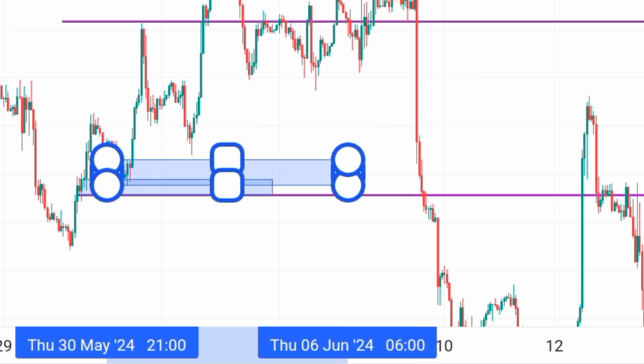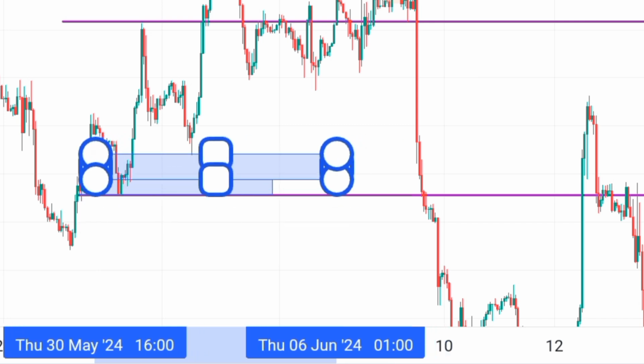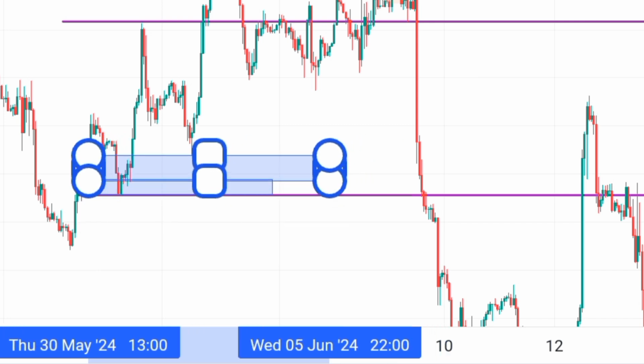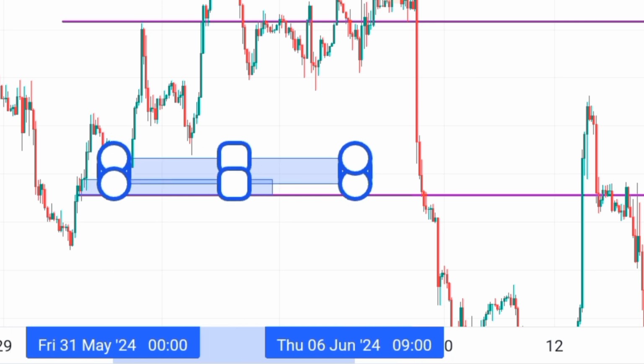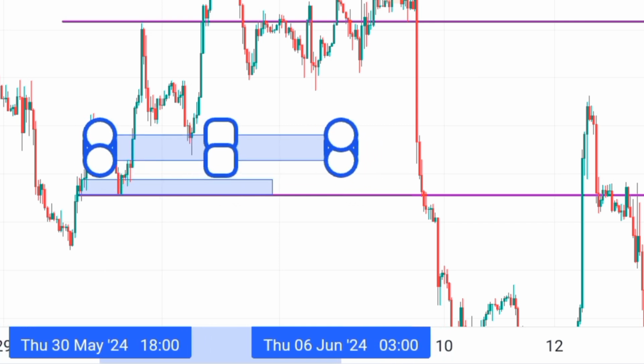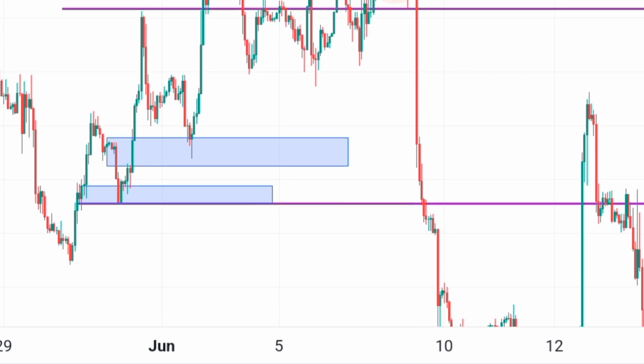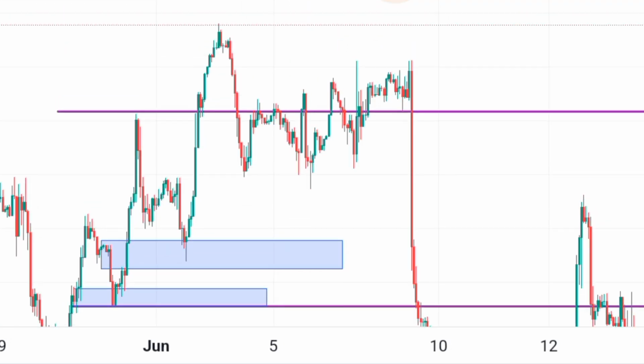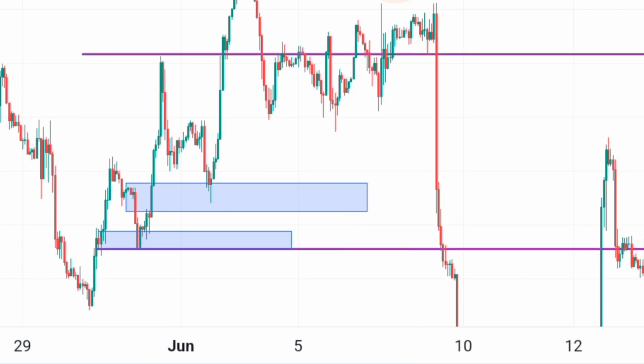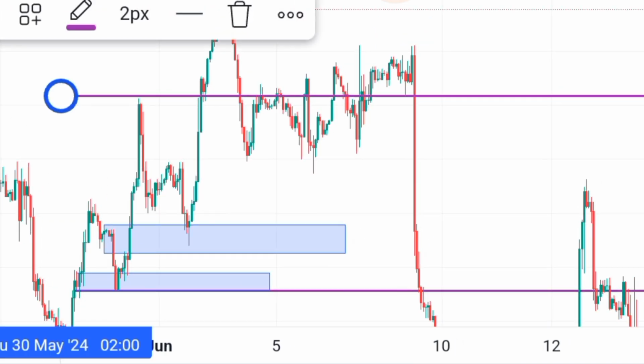Remember, some of the high probability order blocks we can use are when it is followed by a fair value gap, meaning that order block is really high probability. So you can see there's that fair value gap, and when the market came there it respected it very well and it was in our discount, guys. And after that break, you will see that we got our new range here.